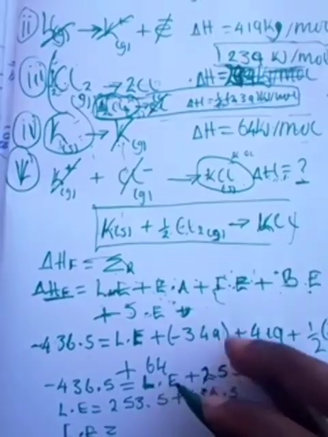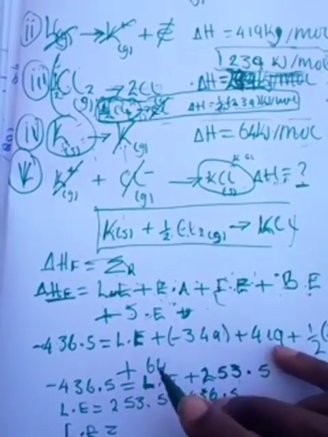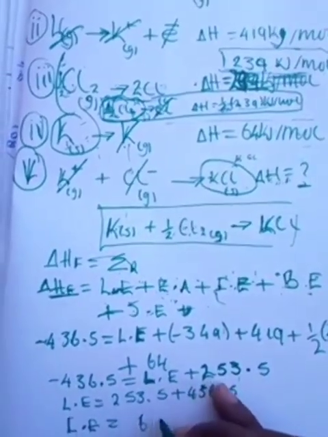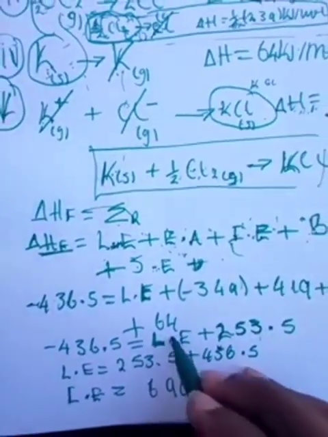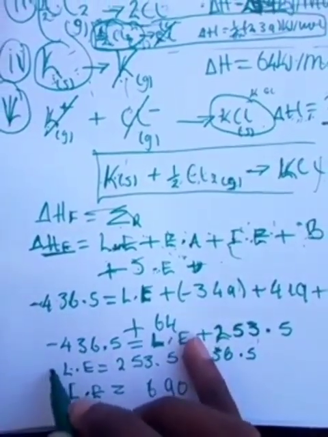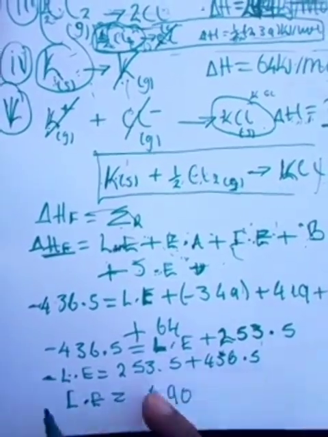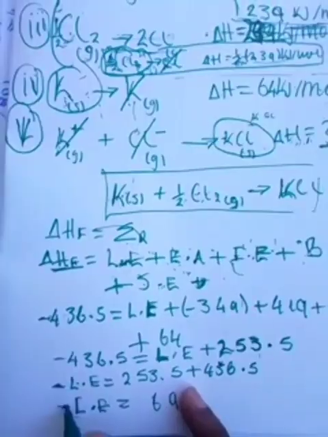Let me just try to check. So I have 253, so getting 690. No, actually, here when we took lattice energy, it was supposed to be negative. Remember? I always remember that. So now even this one will be a negative.